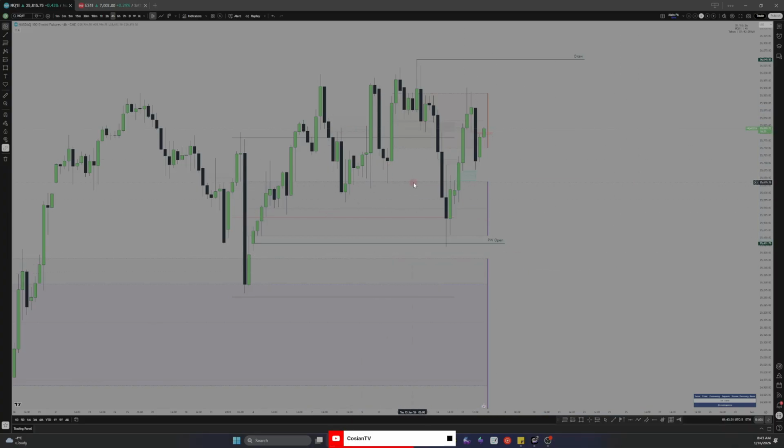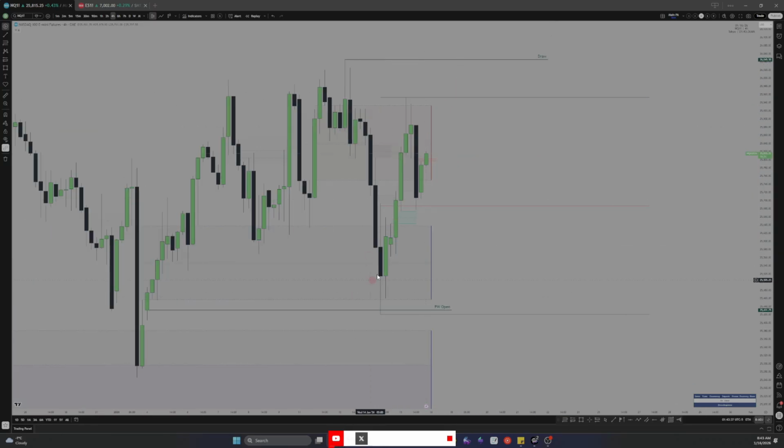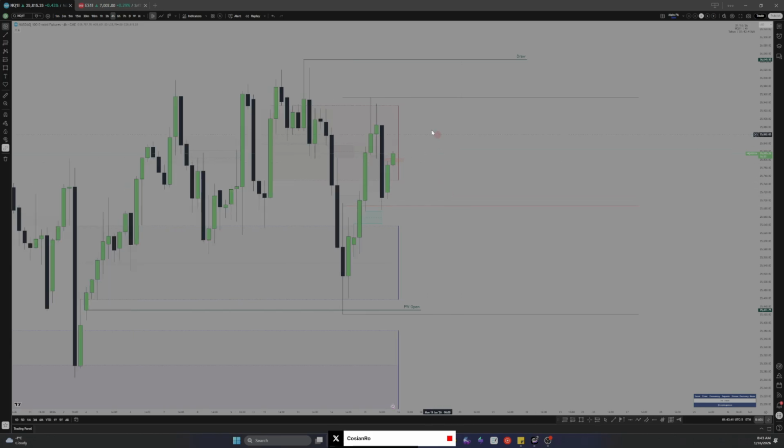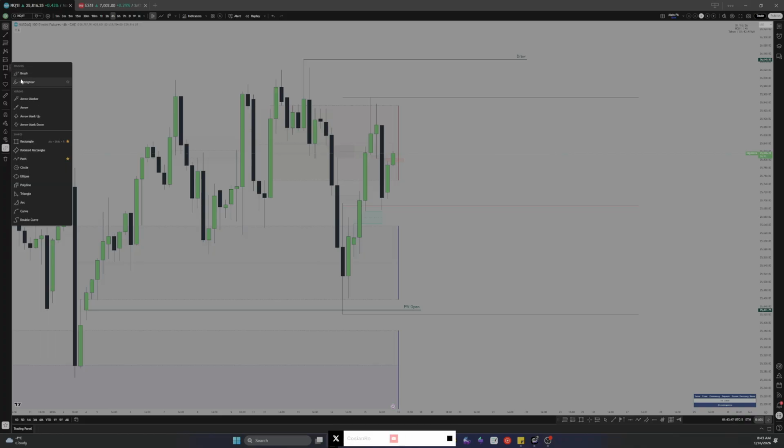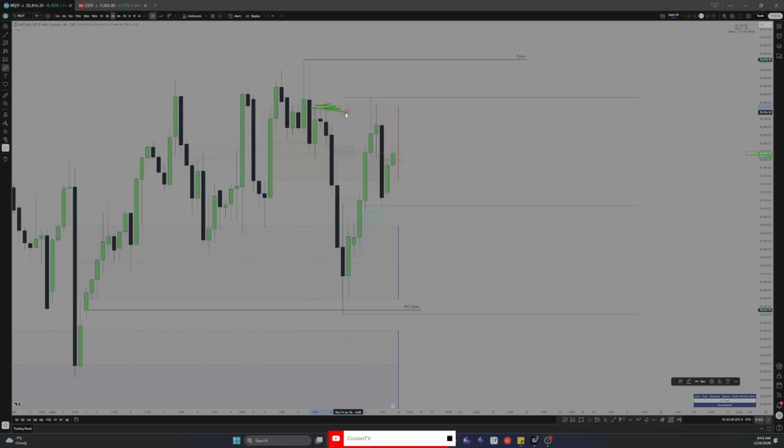Let me remove that. And that's our range for this impulse. And what do we see? We see that liquidity has been taken here. Liquidity grabbed here. Price comes down into equilibrium, into this imbalance, goes back up.